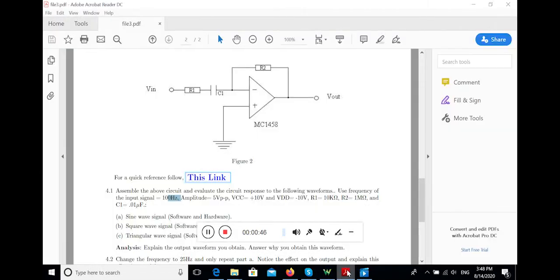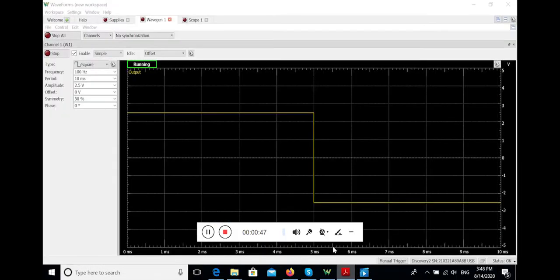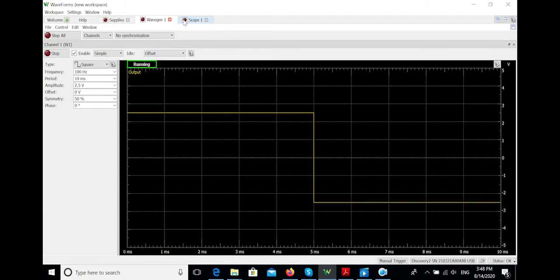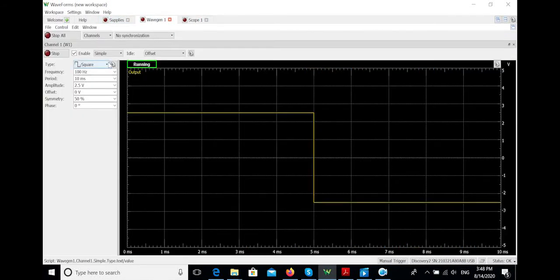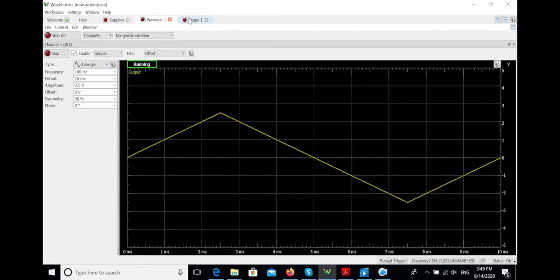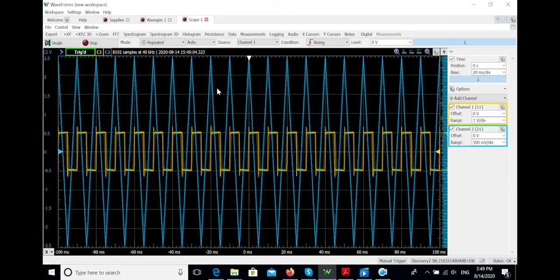And you can see in the output, you need to explain what you're seeing here. What are the outputs, what kind of waveforms are the outputs. Then you have the triangle, and you see that you need to again explain what you're seeing in the output.